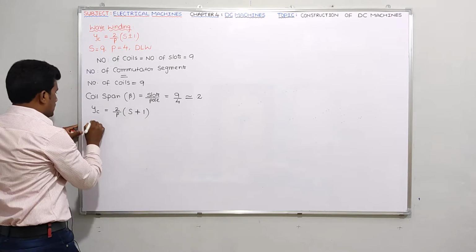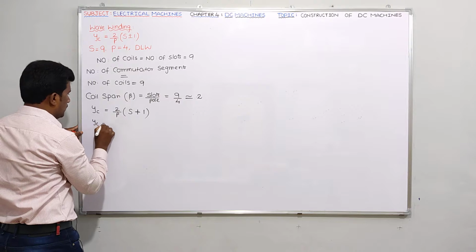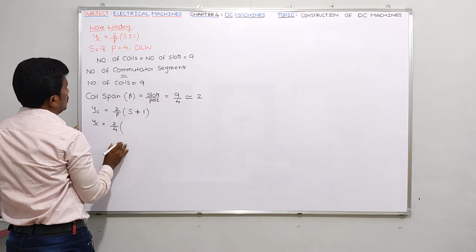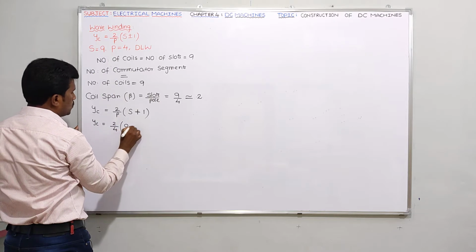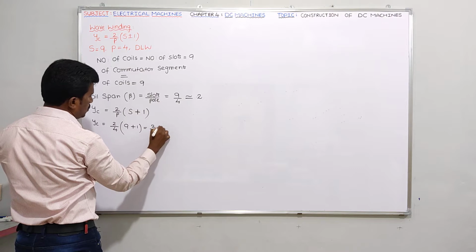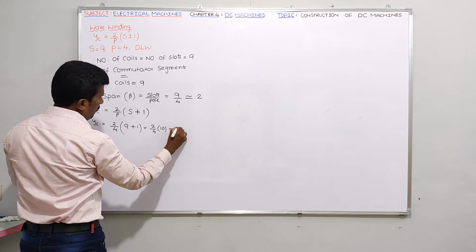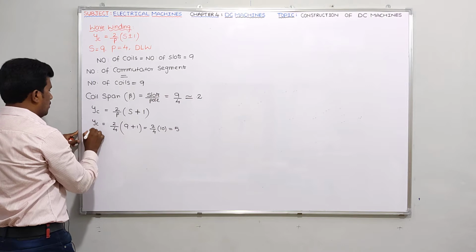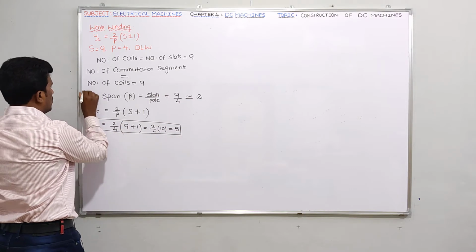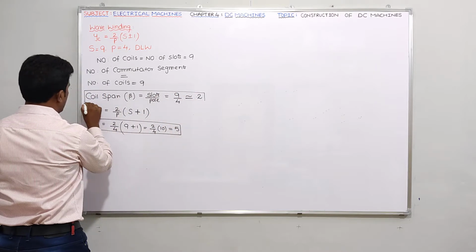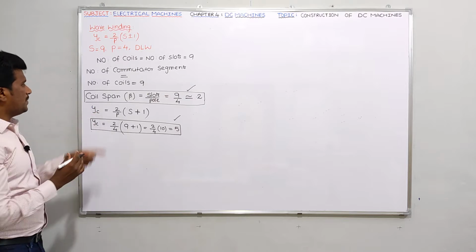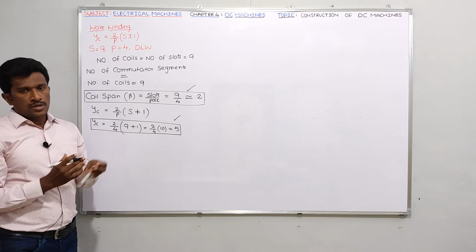So YC equals 2 by 4 into 9 plus 1, which is 2 by 4 into 10, so you get 5. Commutator pitch equals 5, and coil span equals 2.